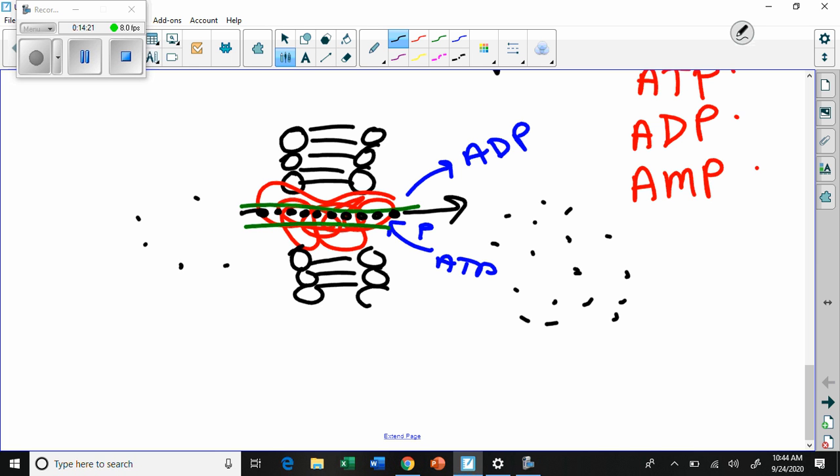Opening a channel isn't enough because it won't go on its own. You have to grab it, almost like squeezing a tube of toothpaste. You start at one end and squeeze it through to get it over here. And it's all about the shape of that protein molecule and the phosphorylation, the adding of the phosphate.